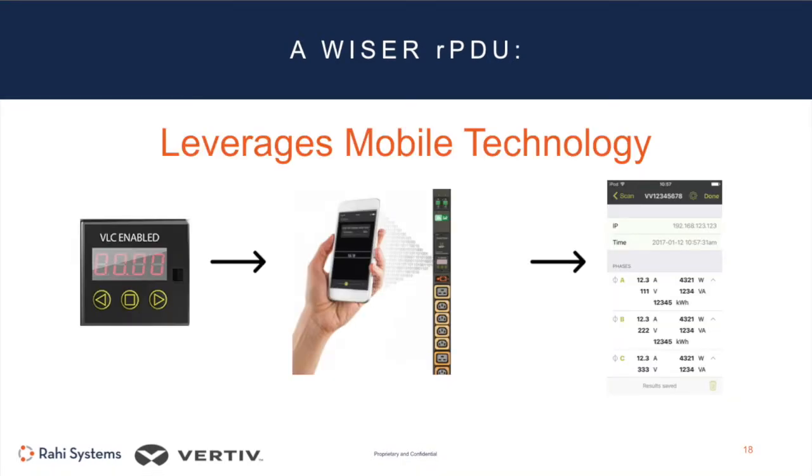Of course, in the age of mobility, we believe contemporary PDUs should make use of mobile technology where appropriate. One case where mobile devices and their apps are a really nice alternative is to the old clipboard-style reports that a lot of people still do, where they walk around the data center with a clipboard, press a variety of buttons on the PDU to get the relevant values, write them down, and then move on to the next cabinet. With this particular approach, you could scan the PDU to get the same information that you would get if you were writing down values on a piece of paper.